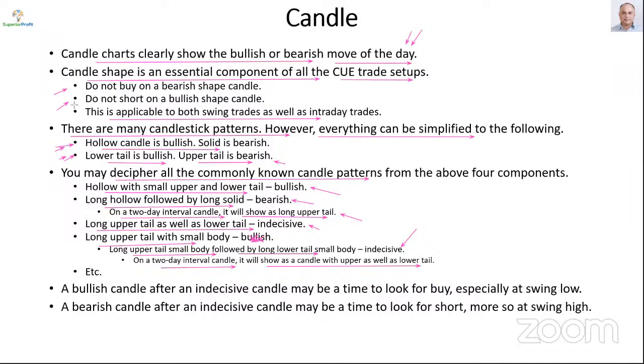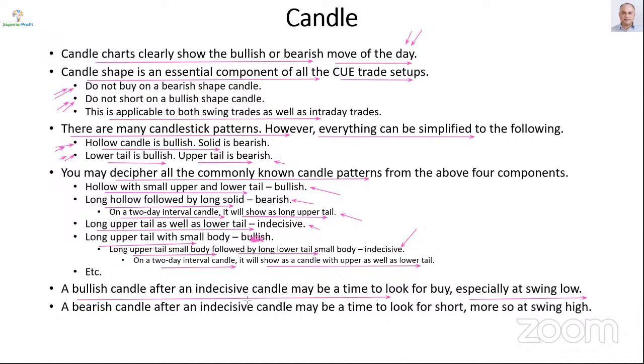Other than this rule that we don't buy on a bearish shape candle, don't short on a bullish shape candle, there are other ways we may use the candle patterns. A bullish candle after an indecisive candle may be a time to look for buy, especially at swing low. Not if the price is already moving up, then we may not have a low risk entry point.